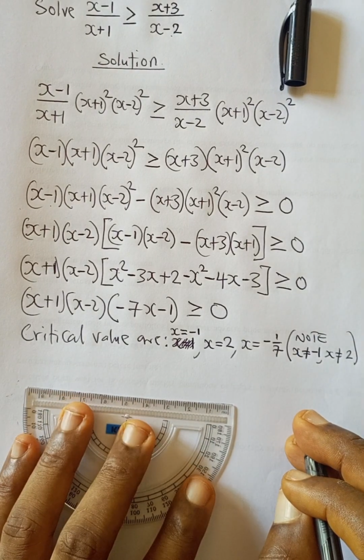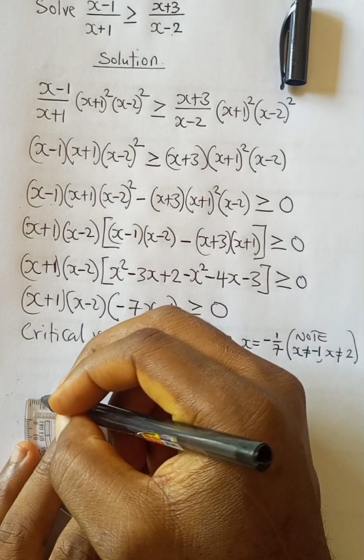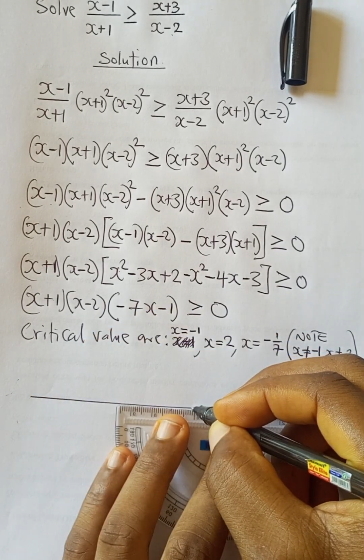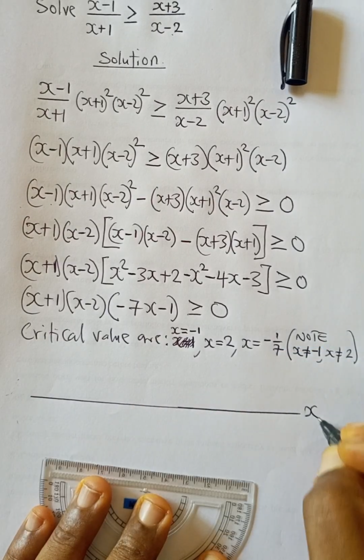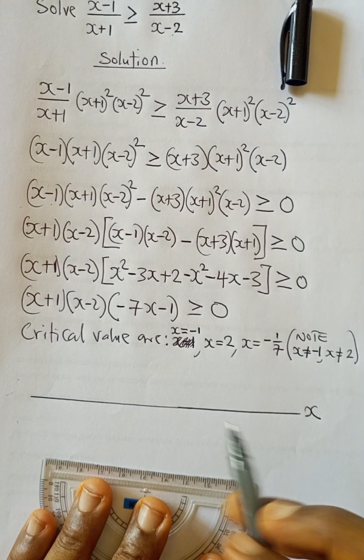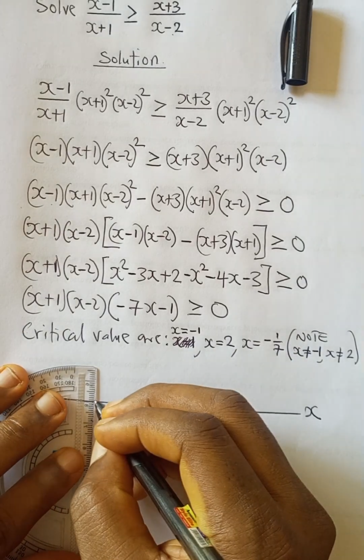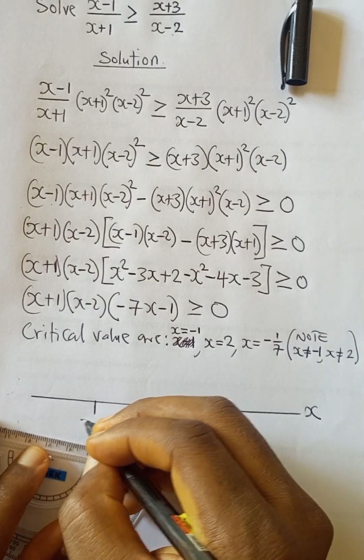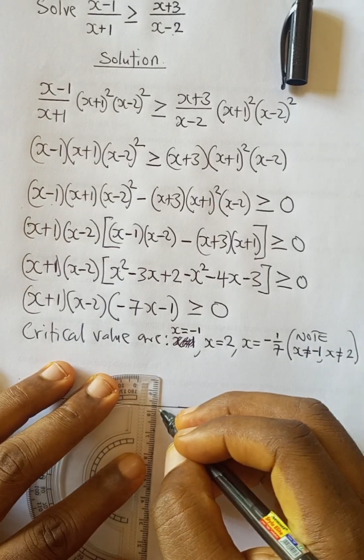Now represent it on the number line. Now look at the number line. So here is x. You start from the least. The least number here will be minus 1. Let's put it here. If that place is minus 1, let's say here is 0.